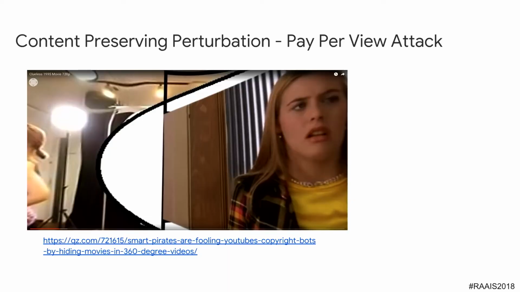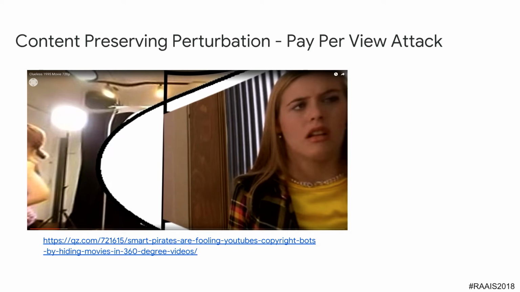Here is an actual adversarial example for YouTube where the attacker uploaded a movie in a way that got past the copyright detector. It's sort of a funky looking picture. It looks like 2 pictures. This is what the video looks like.